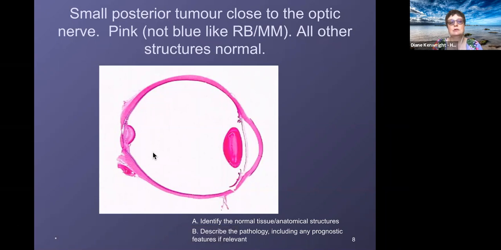And then we would describe the tumor. So where is it anatomically? Arising from the retina at the posterior pole is a tumor that is eosinophilic, i.e. pink, and extends as a dome shape into the vitreous space, right? The optic nerve is not visible.